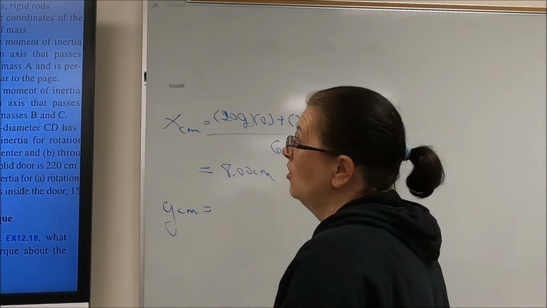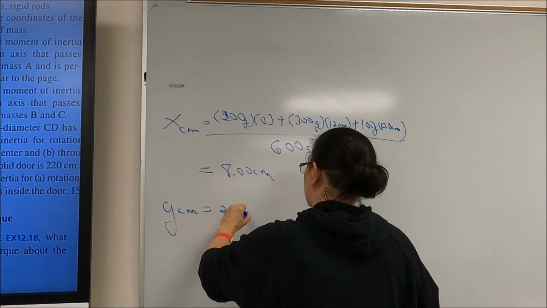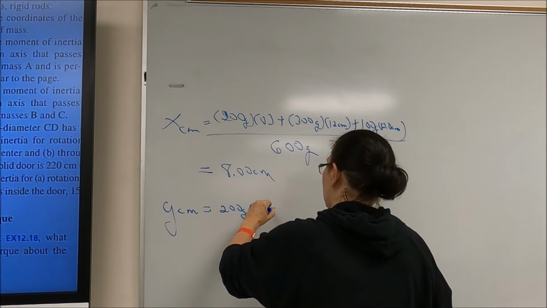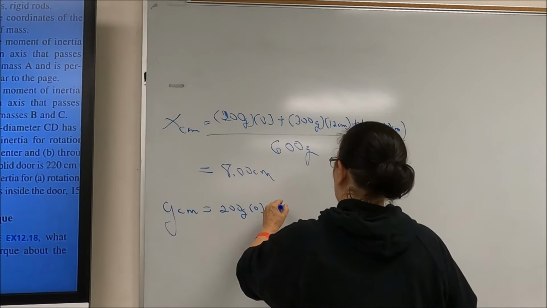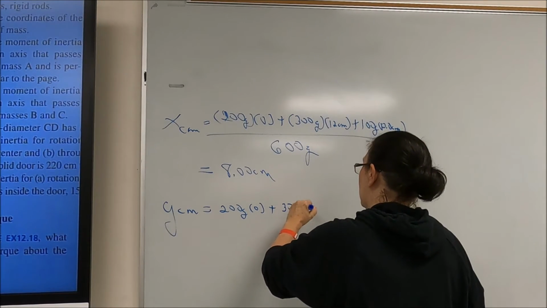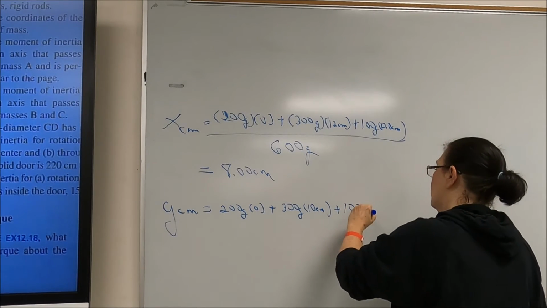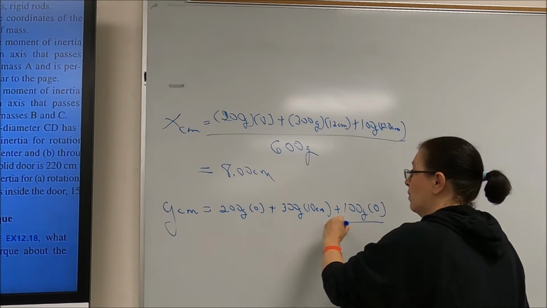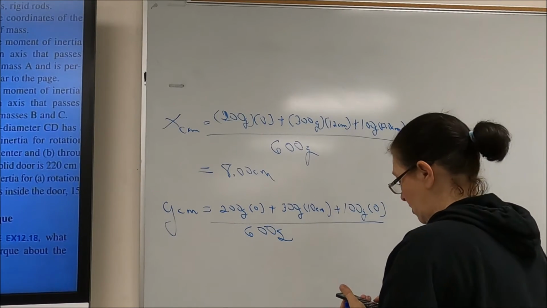Now for the y position of the center of mass, I have 200 grams times 0 plus 300 grams times 10 centimeters plus 100 grams times 0, divided by 600 grams.